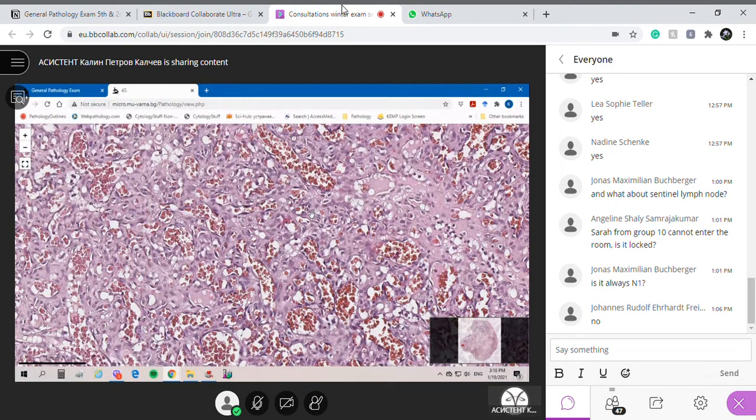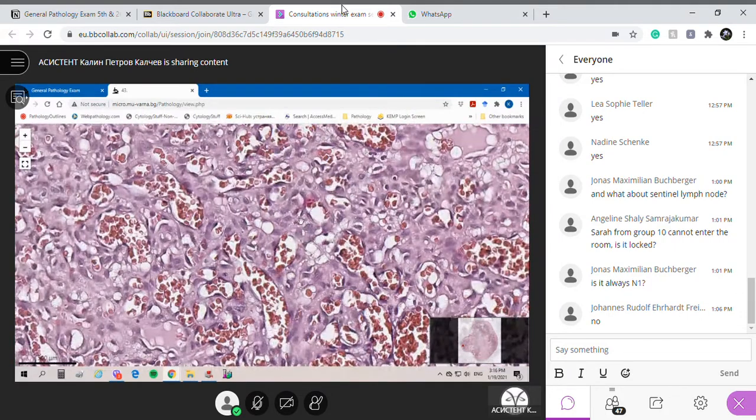If there was some inflammation here, we would have strong issues of a differential diagnosis between this tumor and granulation tissue. But actually, there is no inflammatory response here. And we see that these are endothelial cells, the cells that line the blood vessels, and there are even more endothelial cells between them.